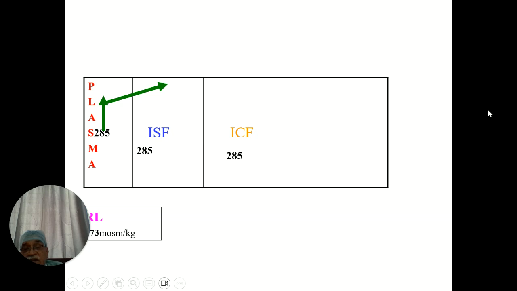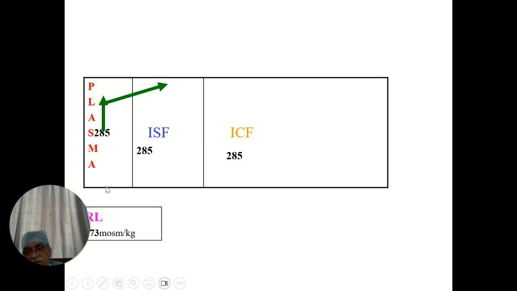It is basically distributed between the plasma and interstitial fluid compartments only. So 1/3 will remain in the intravascular compartment, 2/3 will go into the interstitial space. So it is a better agent to replace blood loss than 5% dextrose.